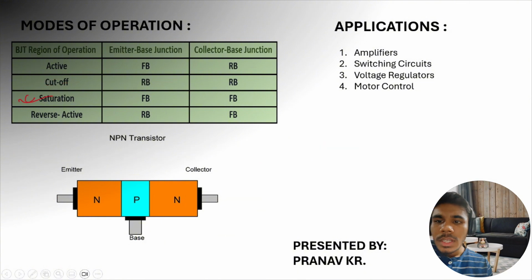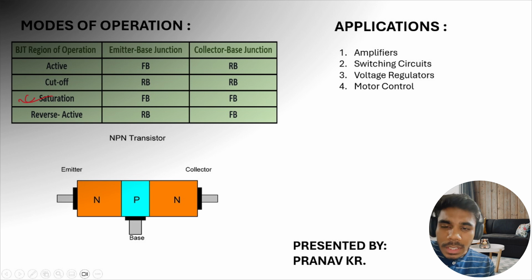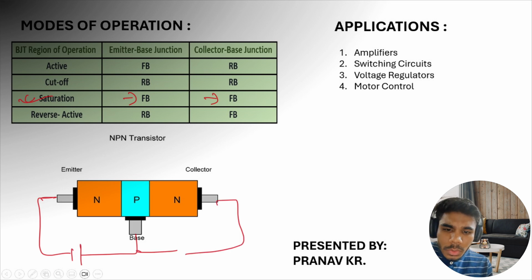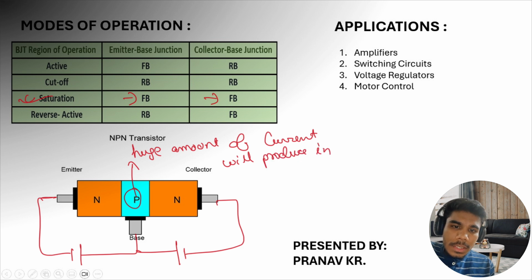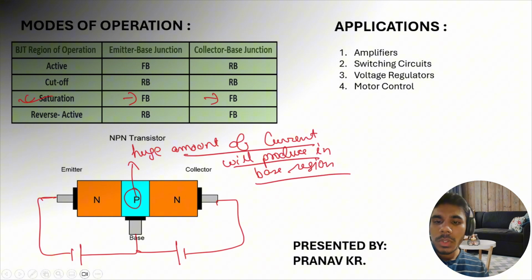The third one is saturation. In saturation, we can see both are in forward biasing. The emitter-base junction is in forward biasing, and the collector-base junction is also in forward biasing. As both are in forward biasing, a huge amount of current will be produced in the base region.